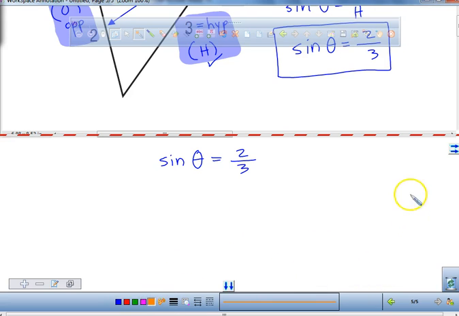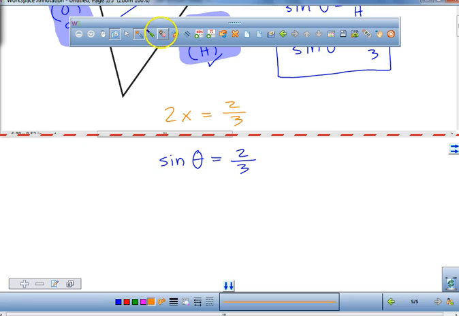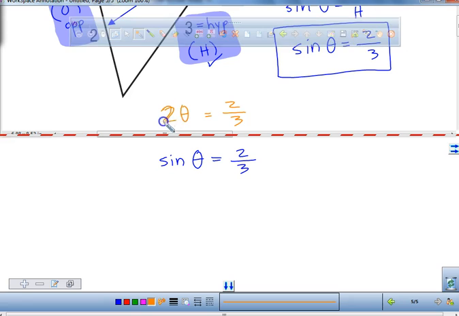Now, once you guys have written that down, something that you are not allowed to do, because the sine always goes with the measure of an angle. Typically, if I said 2 times x equals 2 over 3, or even if I said 2 times theta equals 2 over 3, what would you guys want to do to solve for theta if you had the number 2 in front?